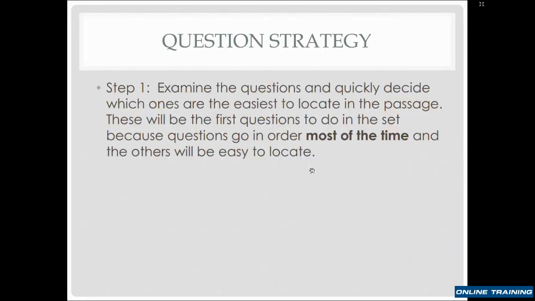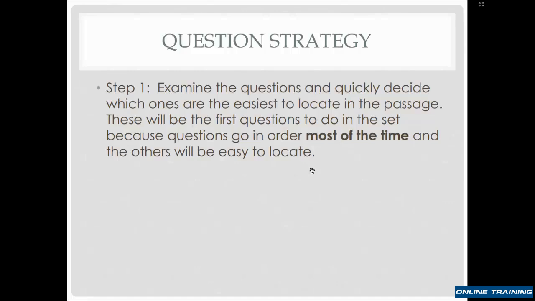So with a diagram or with a table, it's important that you look and see which ones are going to be the easiest to locate in the passage first. Sometimes that deals with having the keywords like pipes and ducts or diagonal bracing, because that's easier to find and locate first.